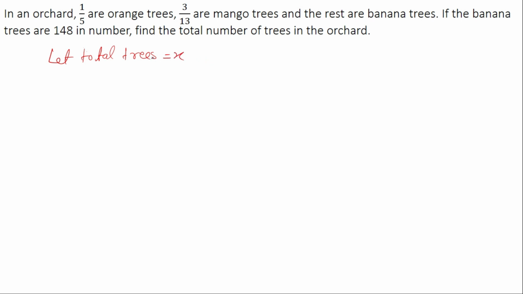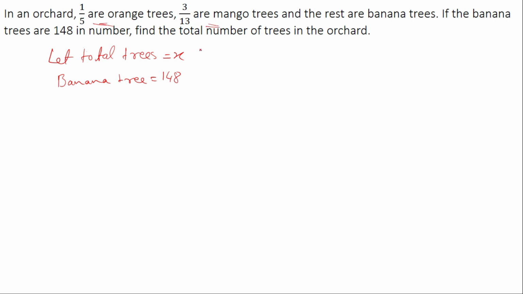It is given that the total number of banana trees is 148, and also 1 by 5 are orange trees, and 3 by 13 are mango trees.